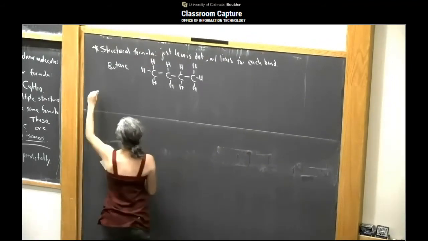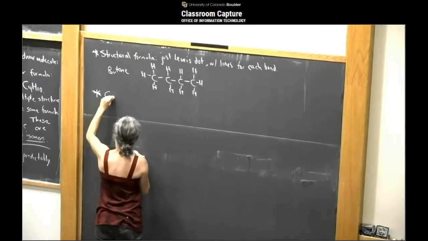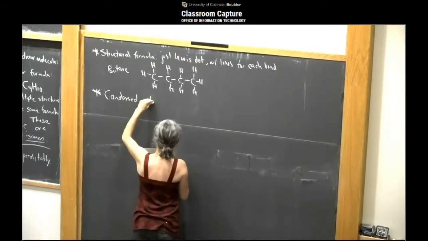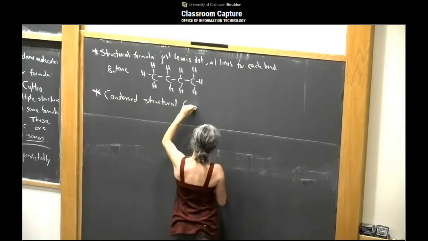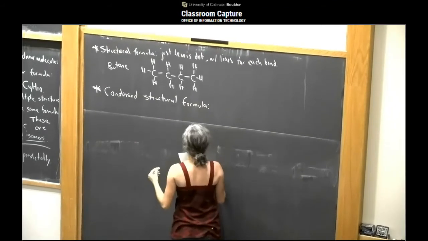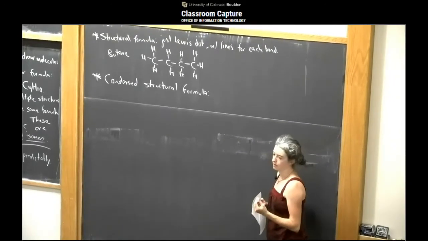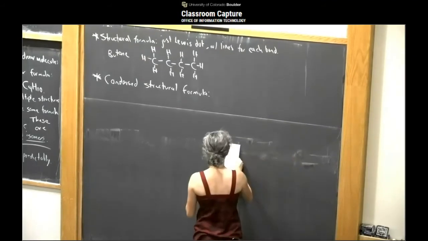So another option that we have is the condensed structural formula, which is where we can group all of the hydrogen atoms onto a carbon just by listing them after the carbon with a subscript.